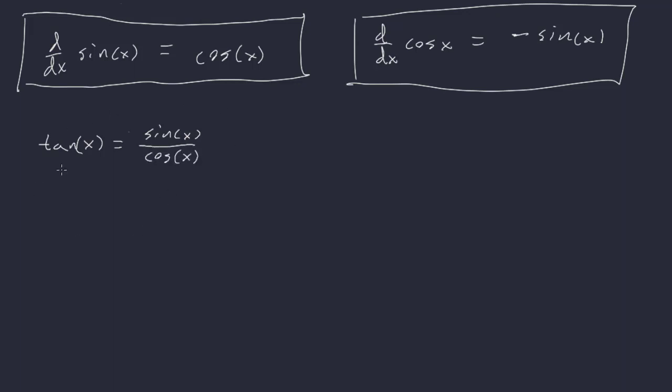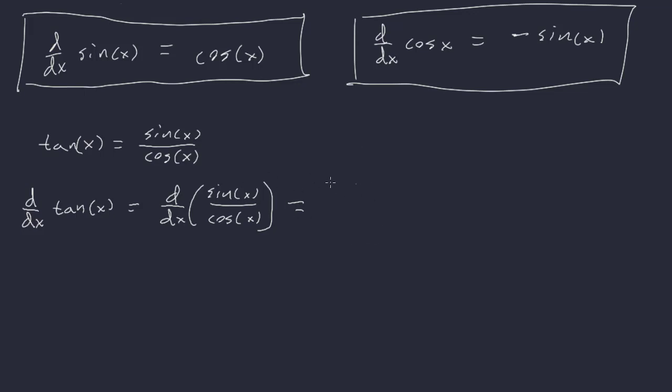we can use the quotient rule to find the derivative of tangent. So the derivative of tangent of x, well, that's just going to be the derivative with respect to x of sine of x over cosine of x.